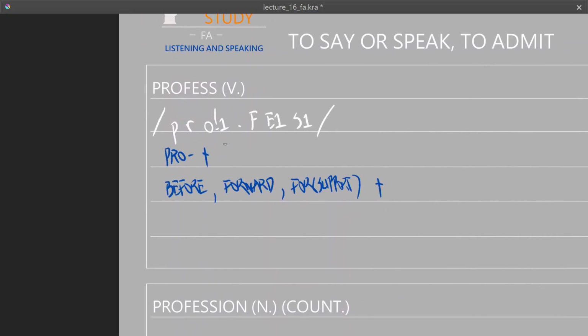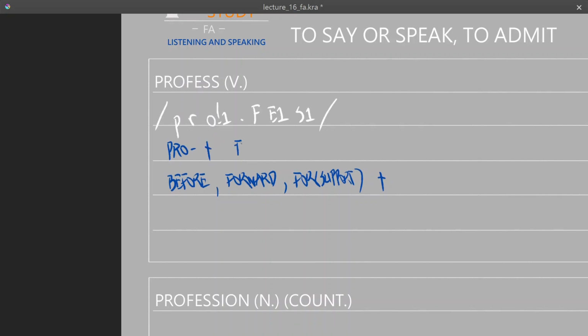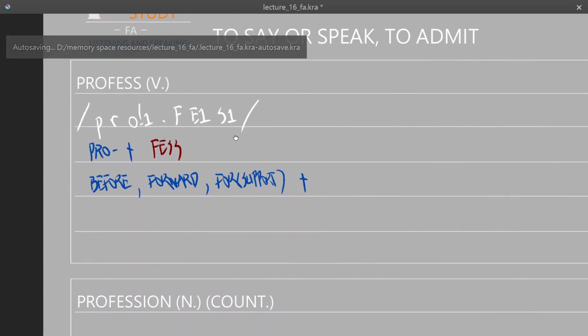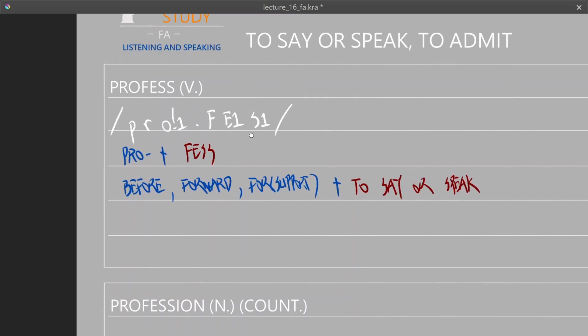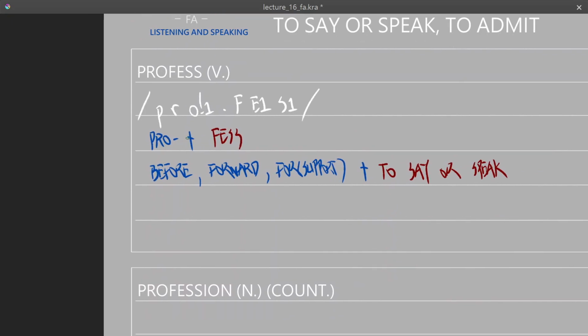And we have the root fess, which means to say or speak. Also, profess has mainly two meanings.